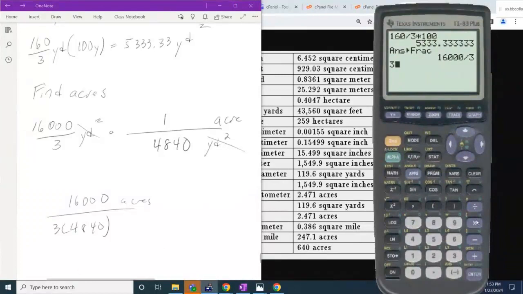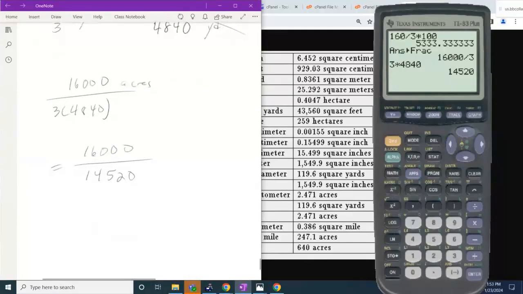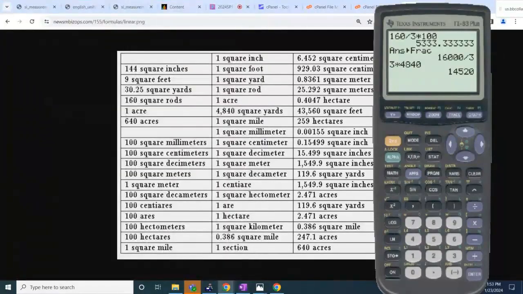So I'm going to do the denominator first. 3 times 4,840, I get 14,520, and that's acres.